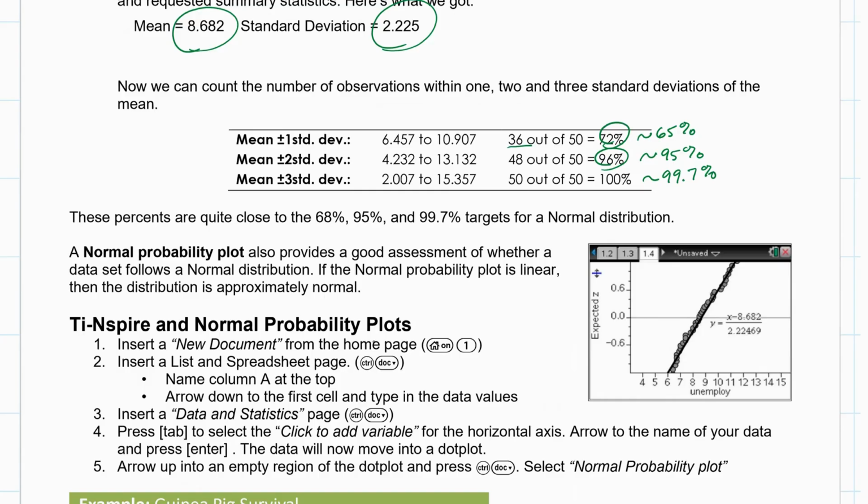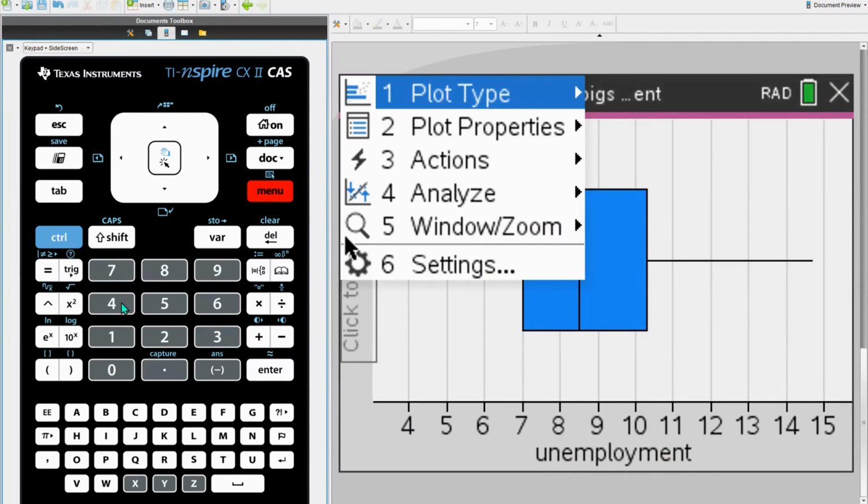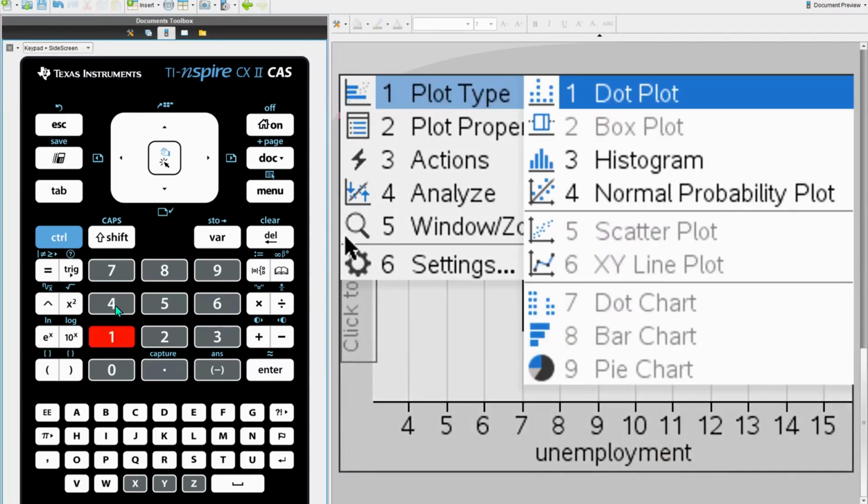Okay, last thing that we do with this data is that we can look at this plot called, again, the normal probability plot, also called the quantile plot. Now, in the quantile plot, we still have our data. We're still in graphing mode. We're going to go to menu. We're going to go plot type. And then we're going to choose option 4, the normal probability plot.